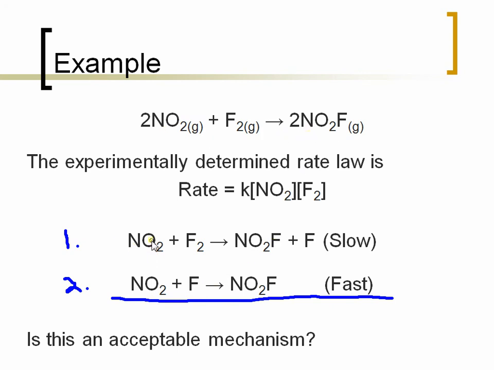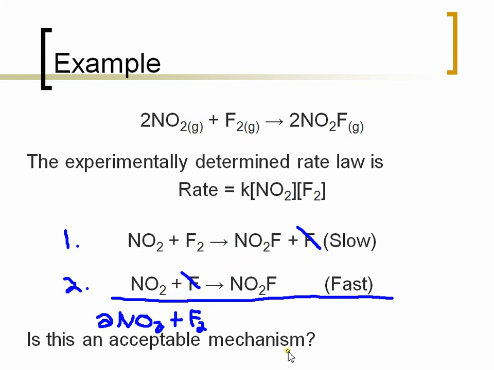So I have two NO2s, so I'm going to write 2NO2. I have an F2, and nowhere else will F2 cancel out, so I'm going to put F2. I do have an F here, and in this example, F is my intermediate. It gets produced in the first step and consumed in the second step. So just like with algebra, if you have the same variable on both sides of the equation, you can cancel it out.